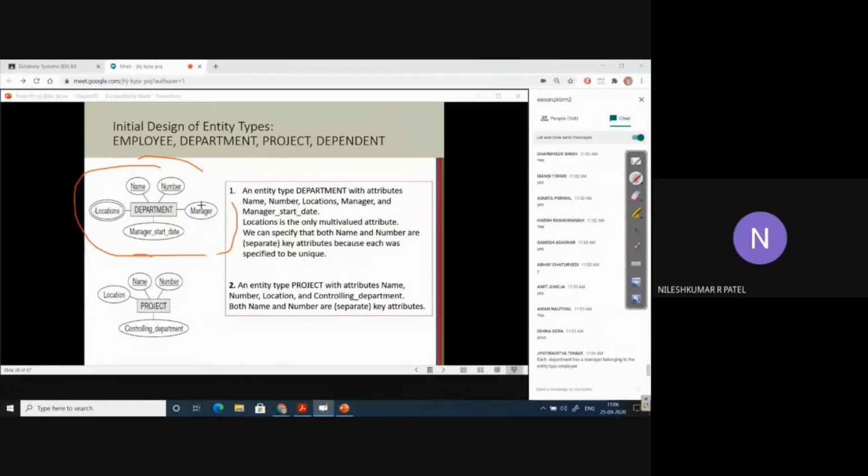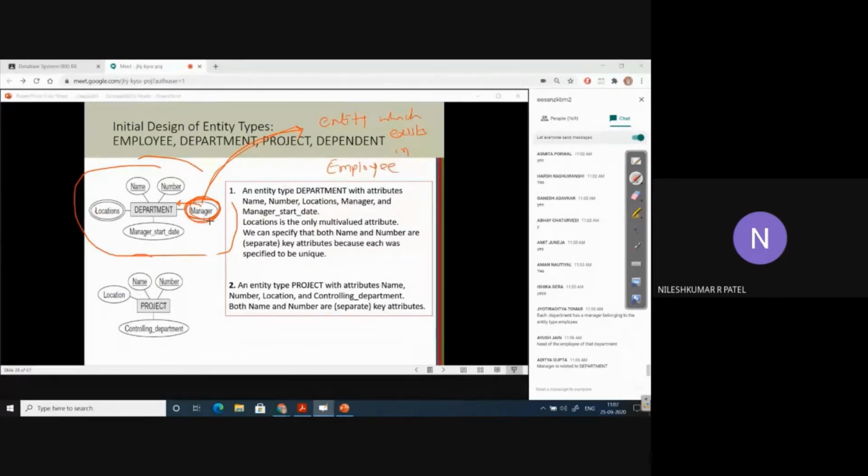You are right, Jyotiraditya. This manager is nothing but a person, an employee working for the company, who has been given a special role to manage this particular department. So this manager is an entity. This attribute points to an entity which exists in another entity type, and that other entity type is the employee entity type in this case.